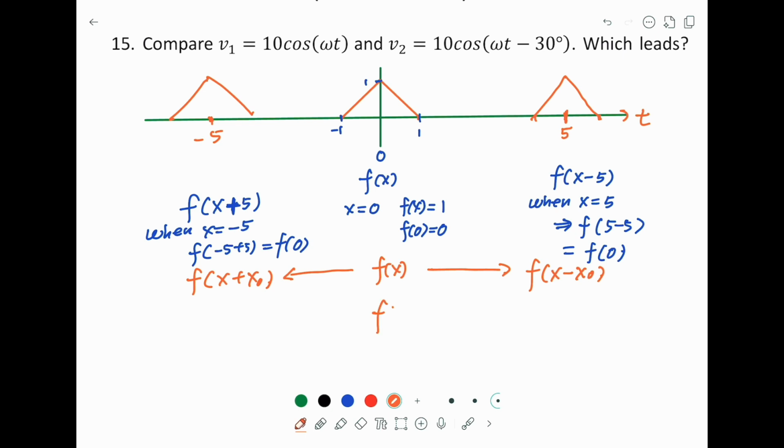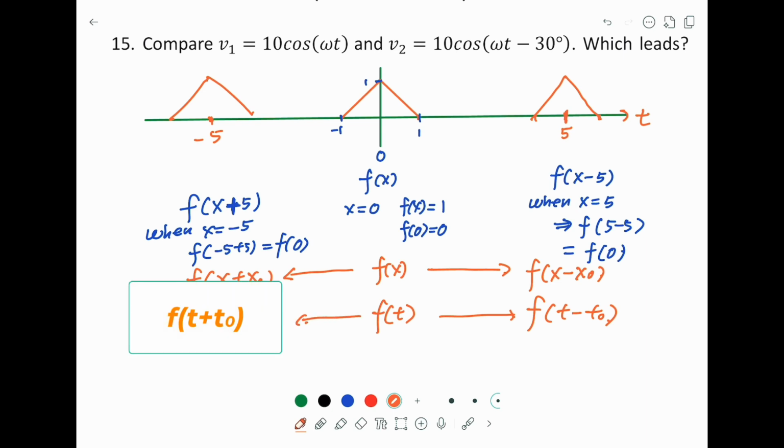So f as a function of t, if now you put t minus t naught, you shift your function on the timeline to the right-hand side. And if you put t plus t naught, you shift this function on the timeline to the left-hand side. However, because this is time, we have to interpret it slightly differently.